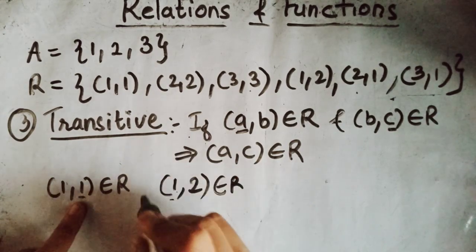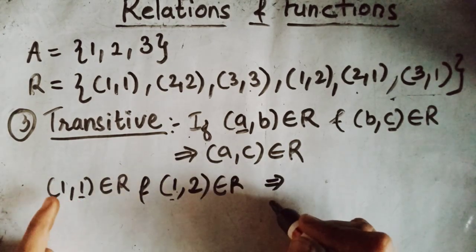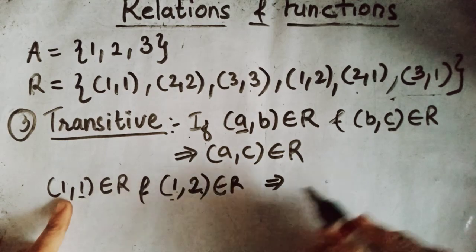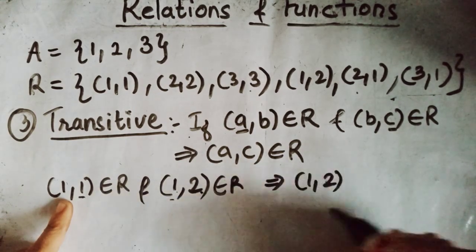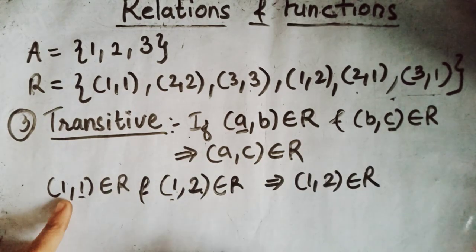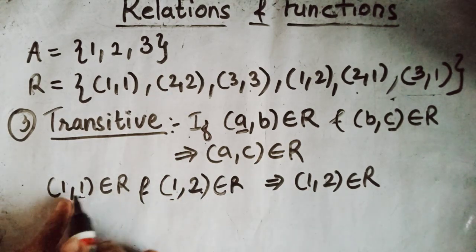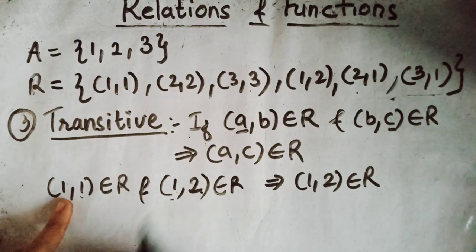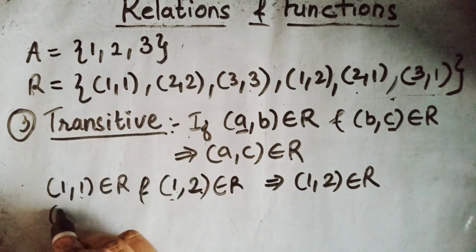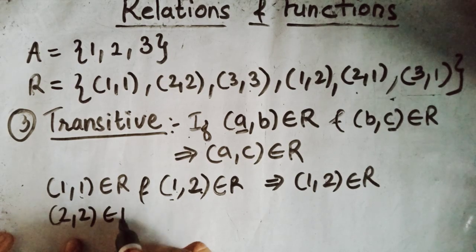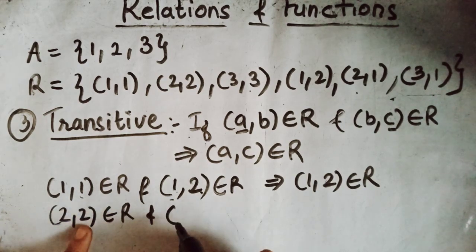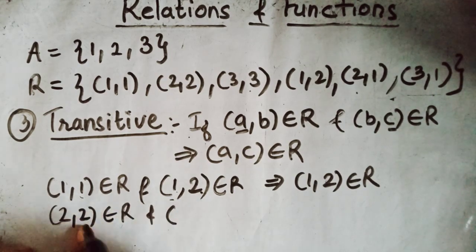(a, c) is (1,2) and this belongs to R. So we got the transitive property proved for these elements (1,1) and (1,2). Now take (2,2). Now search for an element having first number 2.